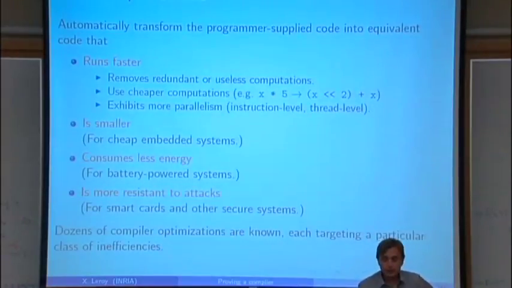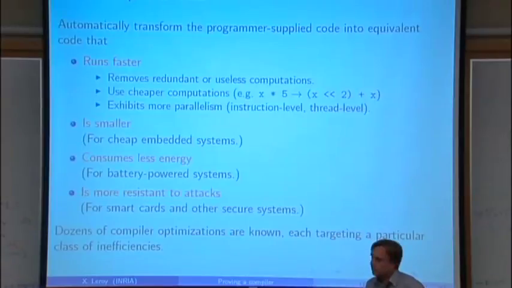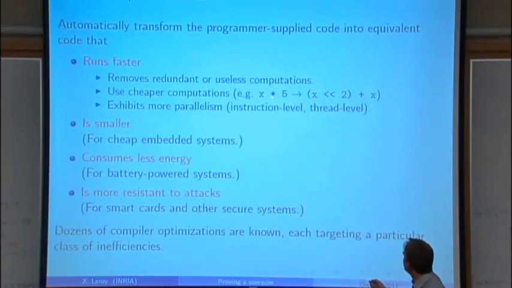For instance, it runs faster. Typically we try to remove redundant or useless computations, or use cheaper forms of computation, like this multiply by 5. Multiplication takes 4 or 5 cycles on many processors, but you can rewrite it as x shifted left by 2, which is a multiply by 4, plus x, and that will only take maybe 2 cycles.